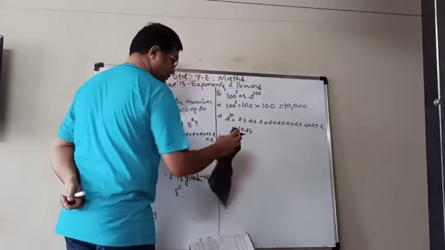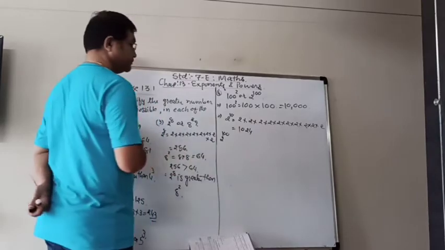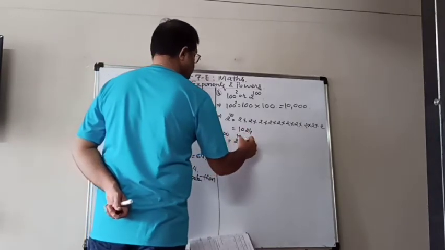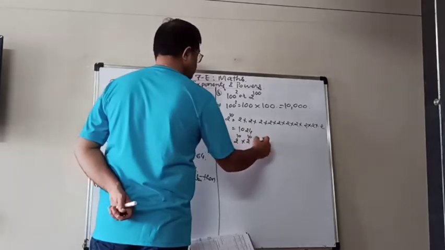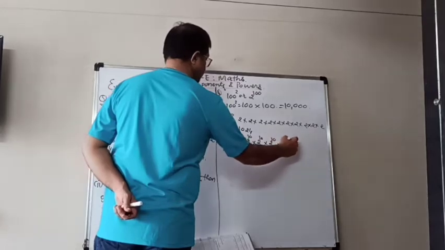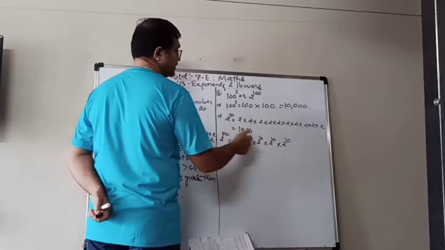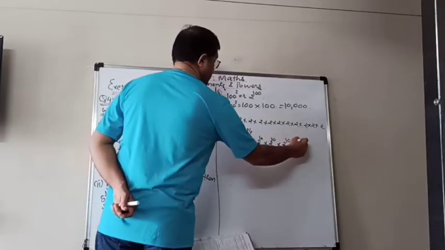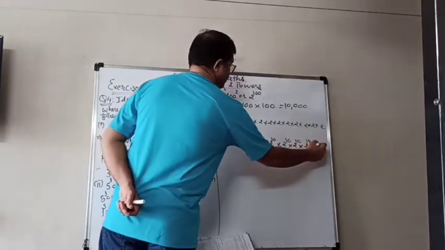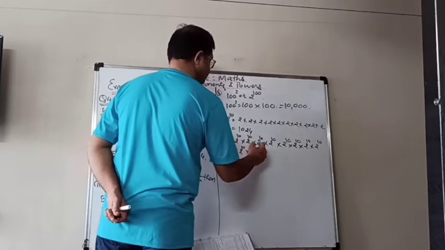Now look at what I am going to do. 2 raised to 100 is equal to 2 raised to 10 into 2 raised to 10 into 2 raised to 10 into 2 raised to 10, and so on. How many times? 10 times, because 10 times 10 will be 100. 1, 2, 3, 4, 5, 6, 7, 8, 9 and 10.